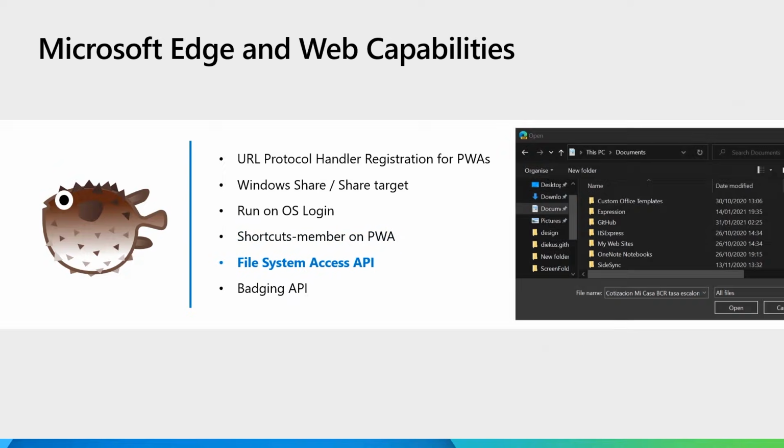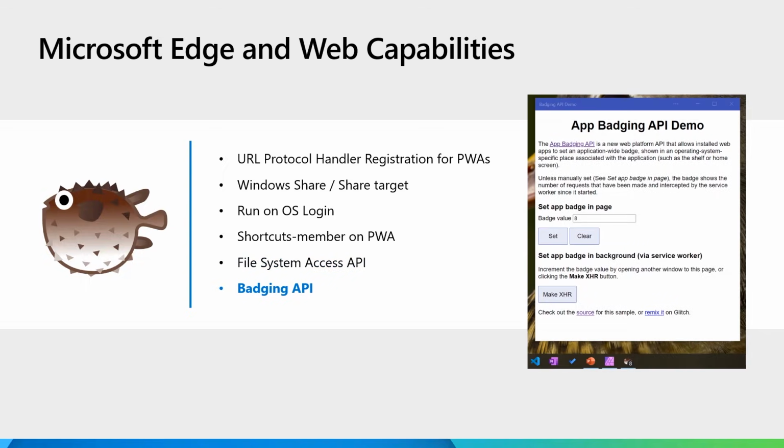The File System Access API allows for interaction with files on a user's local device. Anything from reading, writing, saving are among the types of operations that you can now perform from a web app, which has huge implications for editors, IDEs, and many other types of creative applications. And last but not least, the badging API.